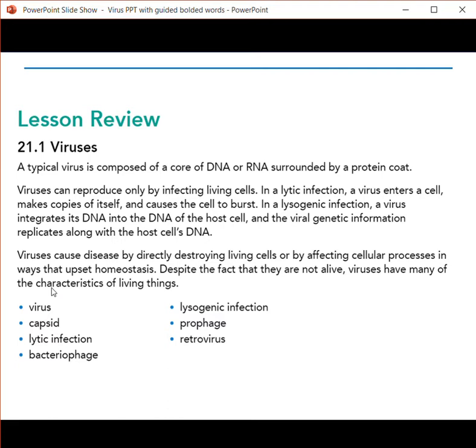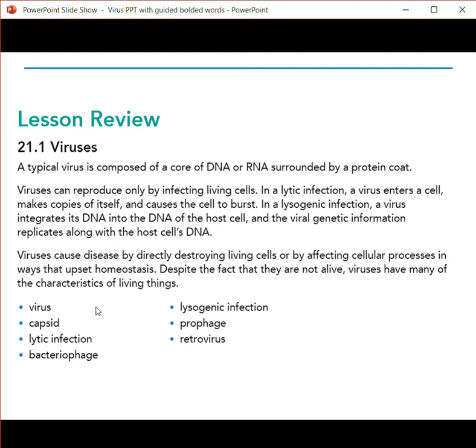The first one was virus. We defined virus earlier on as a particle made of proteins, nucleic acids, and sometimes lipids that can replicate only by infecting living cells. The next word we have, capsid. A capsid is the protein coat surrounding a virus.